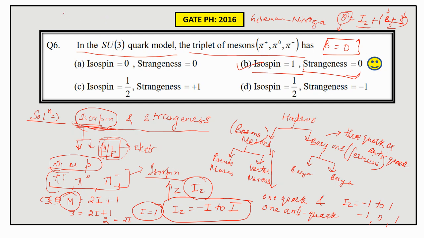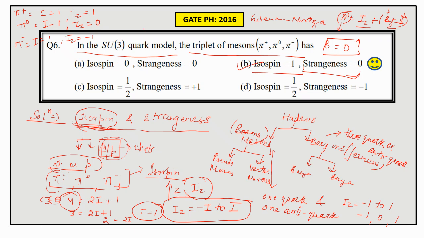So pi positive will have I equals 1 and Iz equals 1. And pi 0 will have I equals 1. I will remain the same for all of these, even for neutron or proton. Only Iz varies. Iz equals 0 for pi 0, and for pi negative, I equals 1 and Iz equals minus 1.